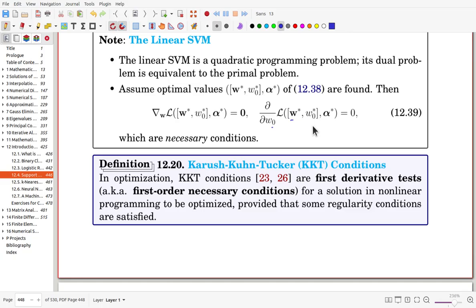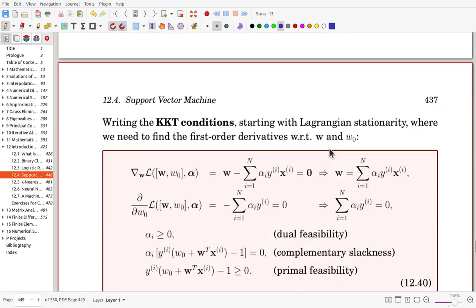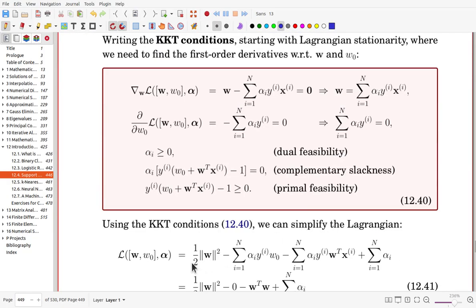In optimization, KKT conditions are the first derivative test and also the first order necessary condition for a solution of nonlinear programming to be optimal. Let's see the whole set of KKT conditions.